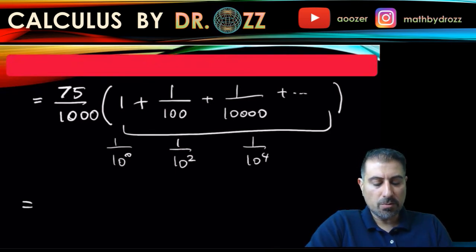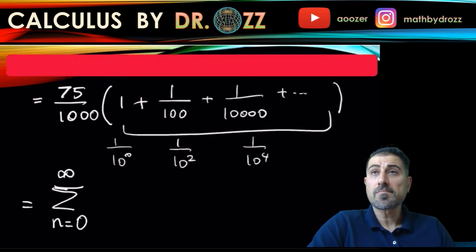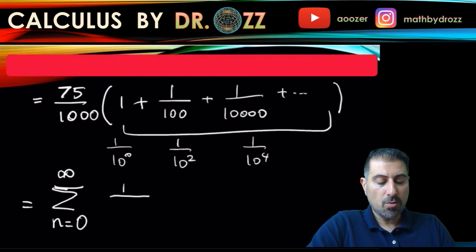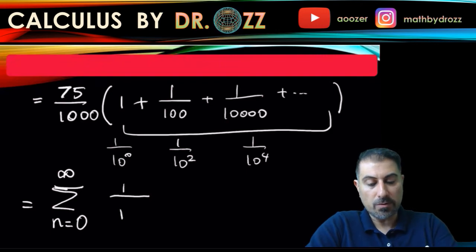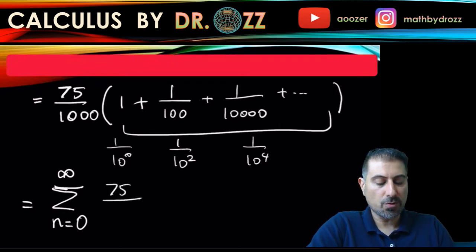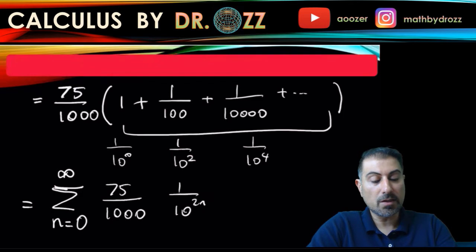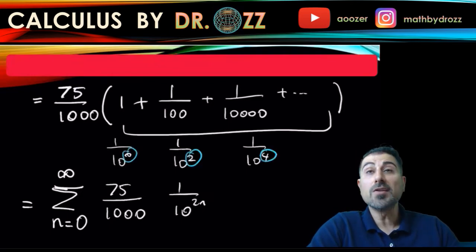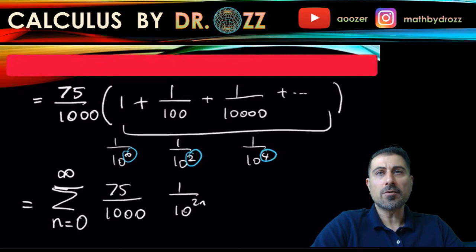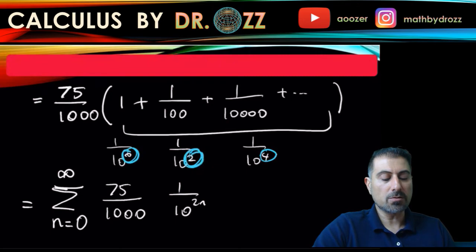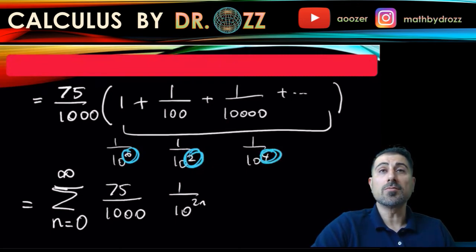This is equal to the sum, n starting from 0 to infinity, of a, which is 75 over 1,000, times 1 over 10 to the power of 2n. The exponents are even numbers, so it follows the pattern of 2n. When n equals 0, we have 0. When n equals 1, this is 2. When n equals 2, it's 4.